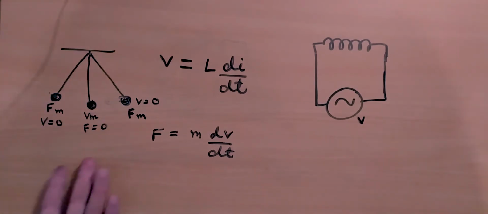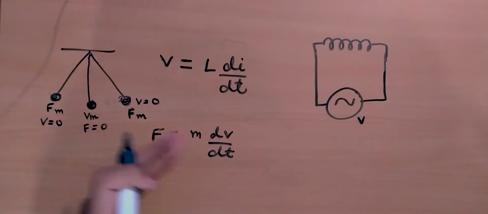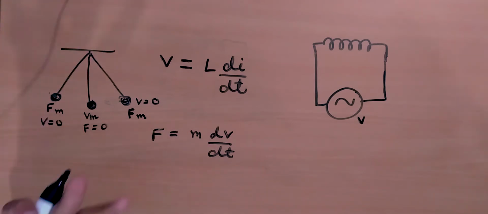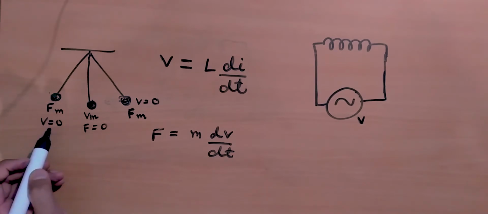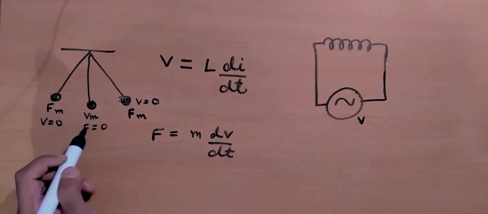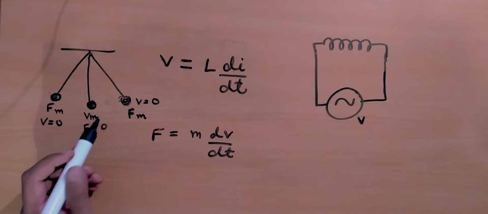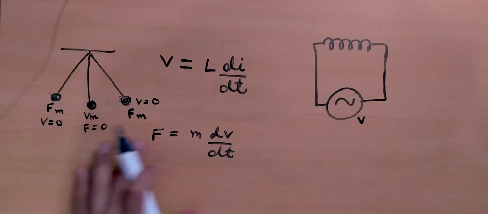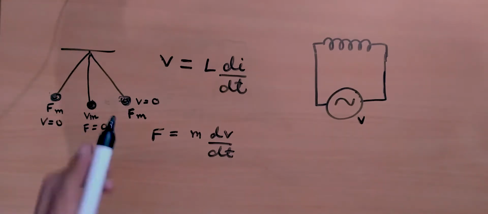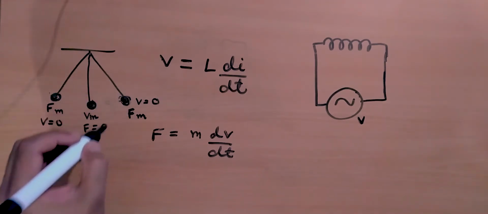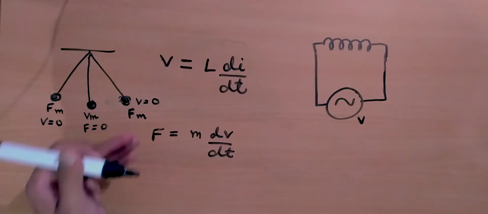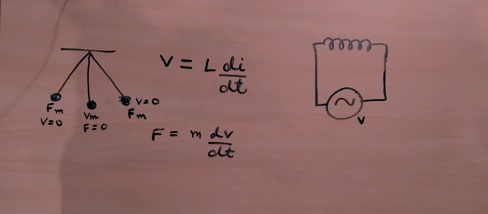And now you can see very clearly that the misconception we were assuming, that force and velocity are proportional, is not really true. When force is maximum, velocity is minimum. When force is minimum, velocity is maximum. What we can say is that the higher the force, the higher the rate of change of velocity.